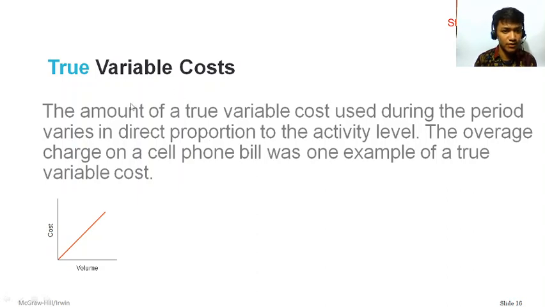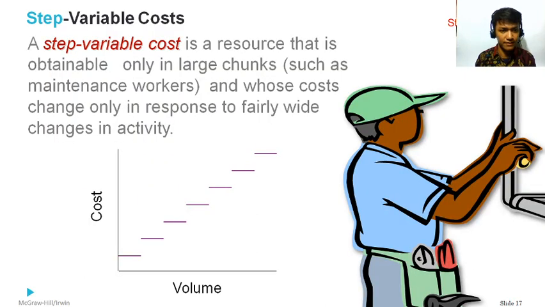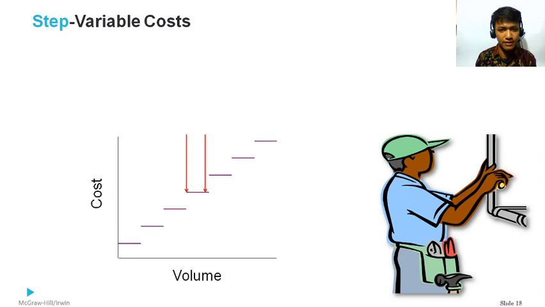This is the true variable cost. The amount of the true variable cost used during the period varies in direct proportion to the activity level. This is the example and the graphic we can see. The next is step variable cost, a resource that is obtainable only in large chunks and whose costs change only in response to fairly wide change in activity.